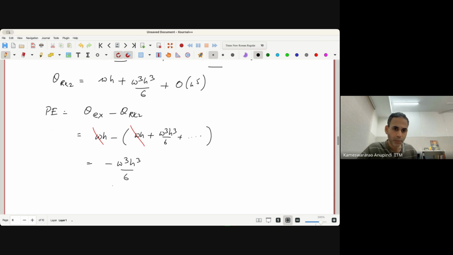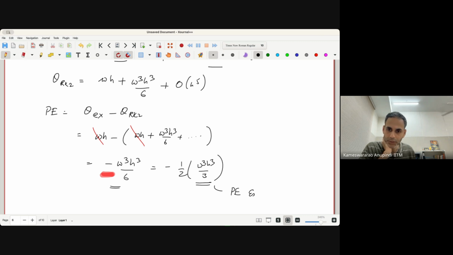Okay, now we see a couple of things here. This actually has a minus in the front, unlike previous calculations. The explicit Euler was omega cube h cube by 3 with a plus, right? But this is a minus, and this can be written as essentially minus 1 by 2 times omega cube h cube by 3. Okay, so omega cube h cube by 3 was the phase error for explicit Euler.